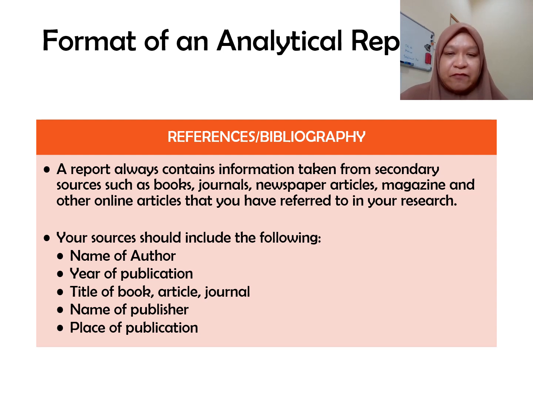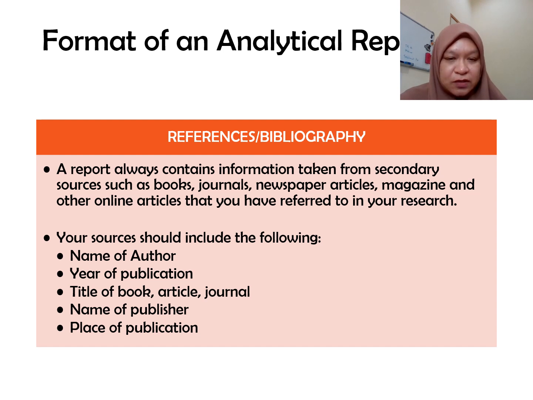Okay, next, still continuing in the format, we have the references or bibliography. Of course when you do the report, you will find information. Information is taken from secondary sources, such as books, journals, newspaper articles, magazines, and other online articles that you can refer to or use. Everything that you refer to, other people's findings, you have to record it.